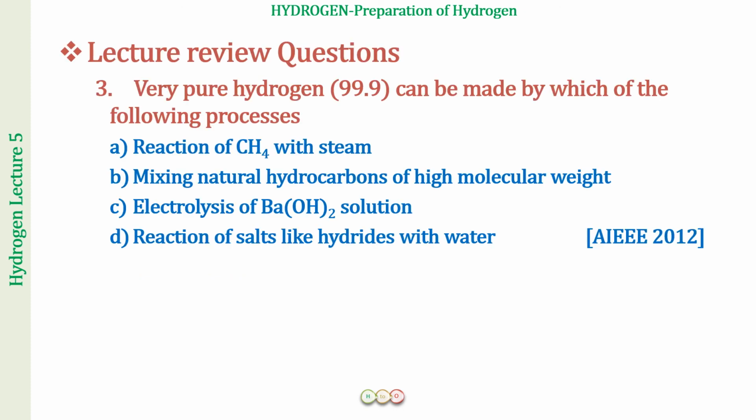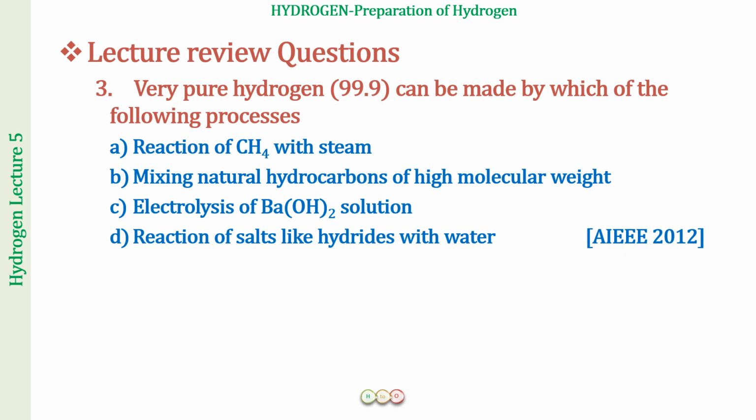The next question is, very pure hydrogen, 99.9%, can be made by which one of the following processes? Reaction of methane with steam, mixing natural hydrocarbons of high molecular weight, electrolysis of barium hydroxide solution, reaction of salts like hydrides with water, and this question was asked in AIEEE 2012.